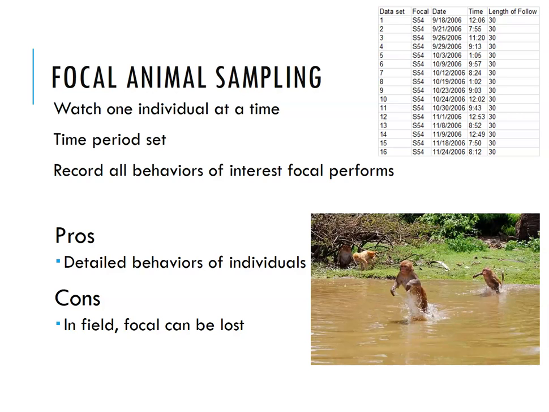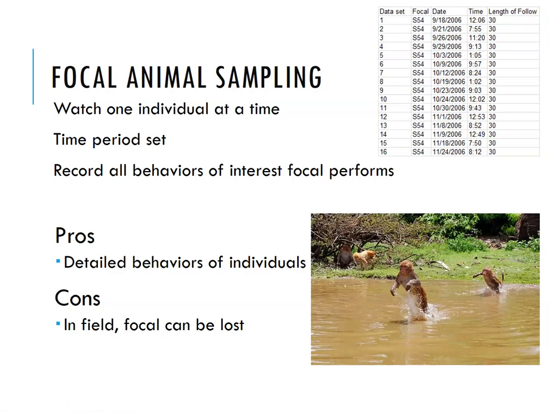There are pros and cons to this. Pros, one, we get detailed behaviors of individuals. So here, I have just a little sampling of one individual. This is S54. We've given her a number, and we've watched her on many different days for 30 minutes at a time, and we've recorded all her behaviors.